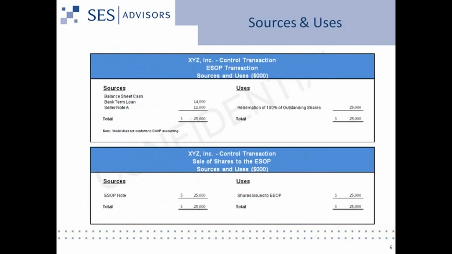So here's just sources and uses, 14 million and 11, you can see all that. In this case, we are using $25 million as the inside note. You don't necessarily have to have the inside note match the external financing.